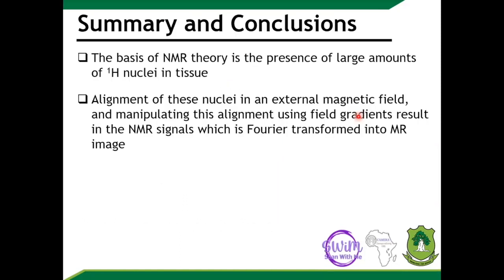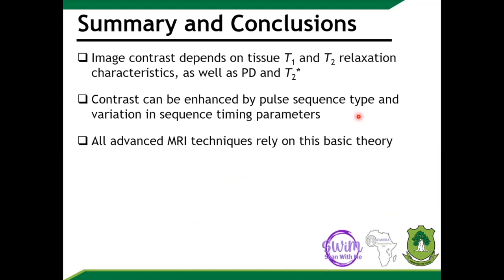So the summary is that the basis of NMR theory is the presence of large amounts of hydrogen nuclei in tissue. We align them when we put the patient in the scanner, and we apply an external radiofrequency pulse to perturb their alignment, and their subsequent relaxation leads to the release of the signal we want, which we can then manipulate using gradients to do MRI.